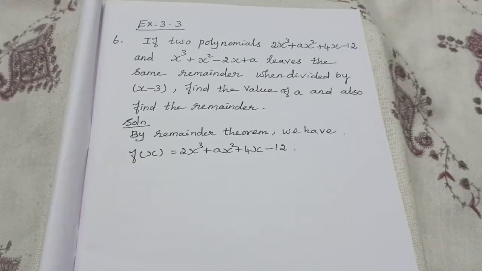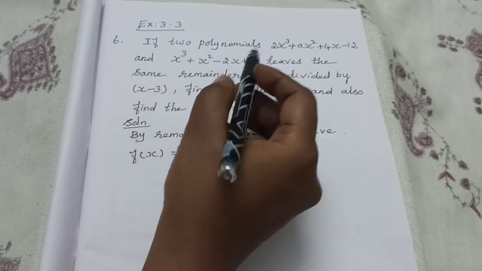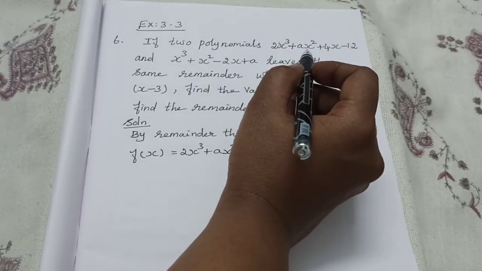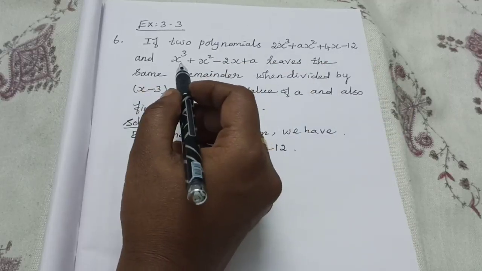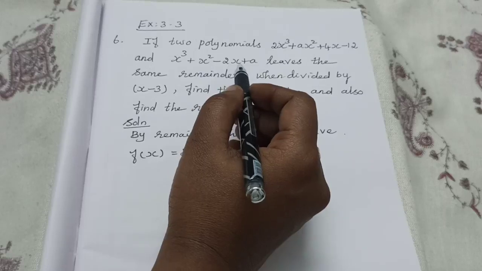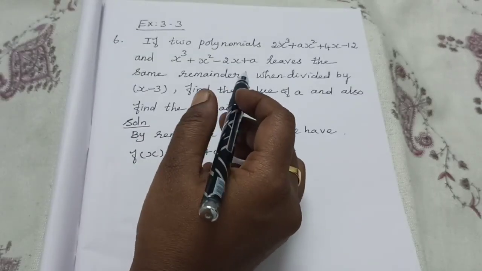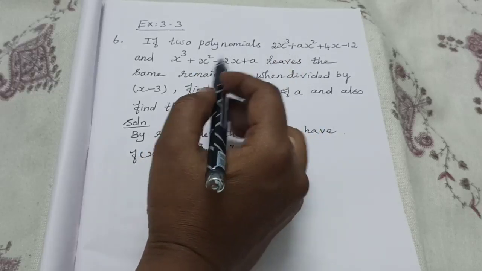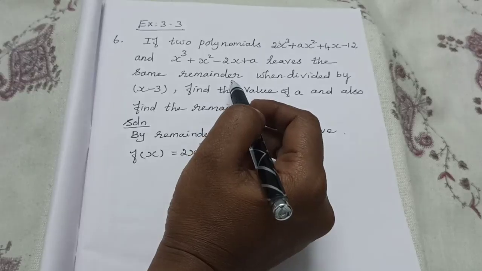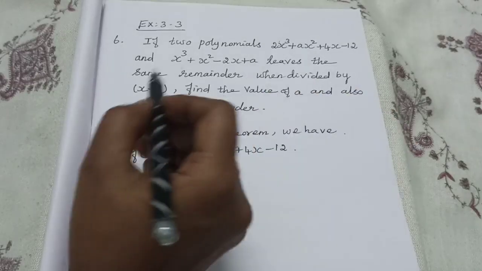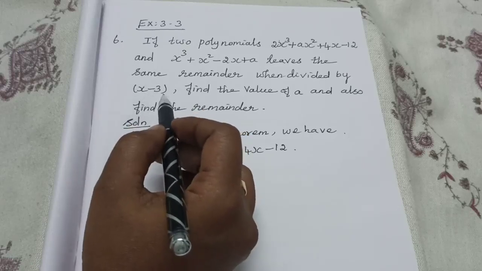Okay. Next question is exercise 3.3 sixth sum. If two polynomials 2x cube plus ax square plus 4x minus 12 and x cube plus x square minus 2x plus a leave the same remainder, both also same remainder, two polynomials given, when divided by x minus 3, which polynomial? x minus 2.